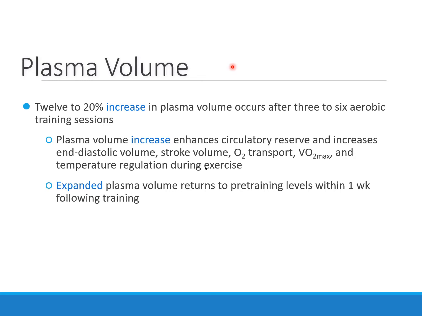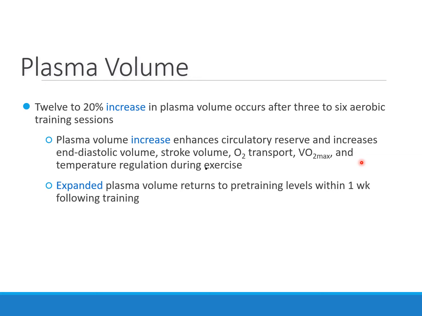Plasma volume. So 12 to 20% increases in plasma volume occur after 3 to 6 aerobic training sessions. Plasma volume increase enhances circulatory reserve and increases the end diastolic volume, stroke volume, oxygen transport, VO2 max, and temperature regulation during exercise.